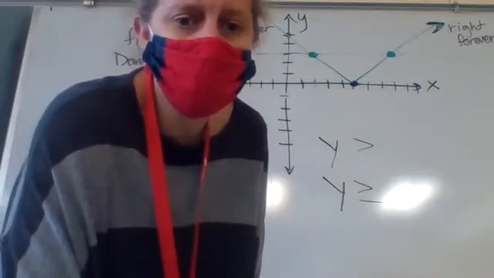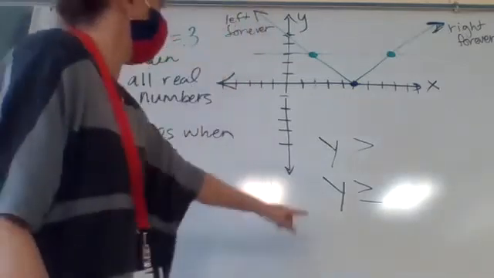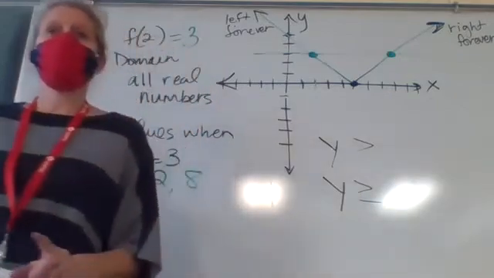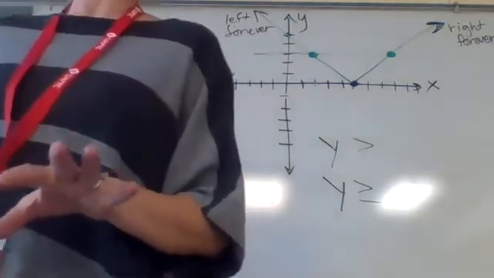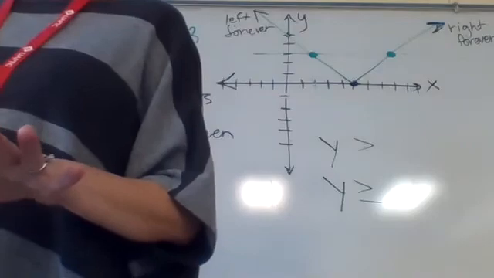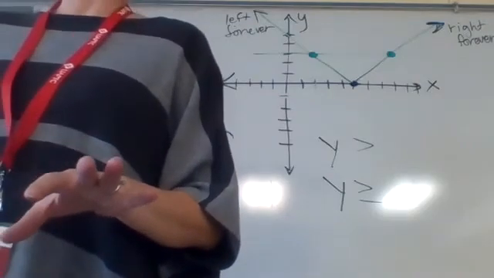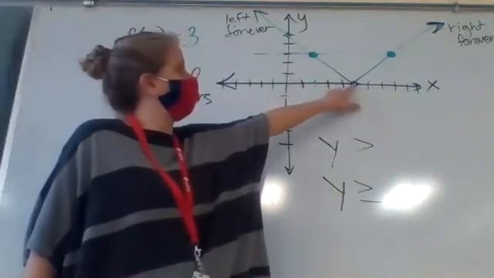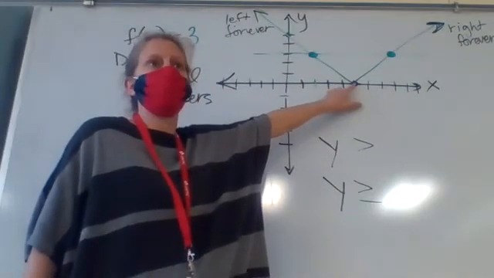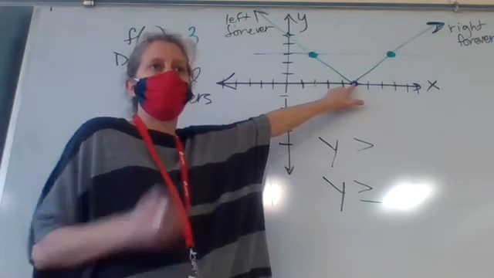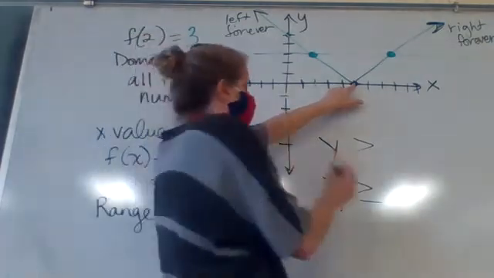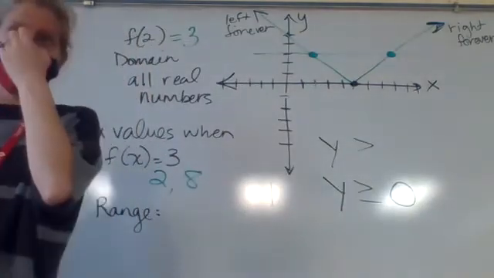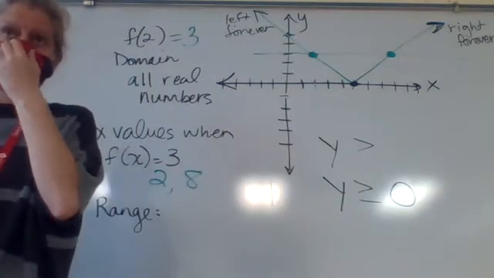Because this symbol right here, when it has that equal to bar, that means greater than or equal to. That means it's going to touch that number. So it's going to be 0, right? Does it touch 0? Is there a point on this graph where the y is 0? Yeah, this point right here, y is 0. So it is greater than or equal to 0 is the range.